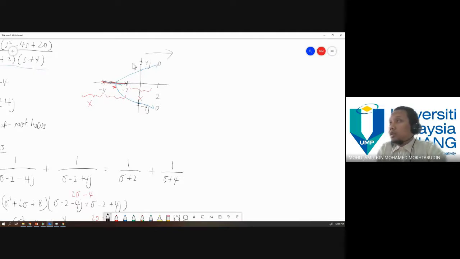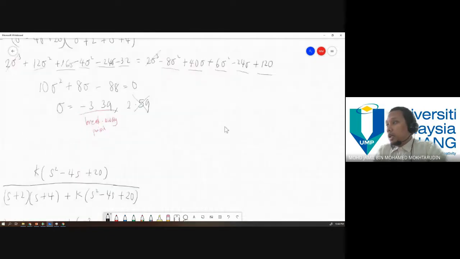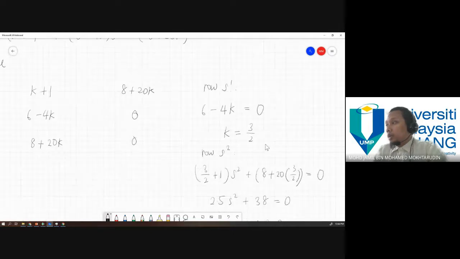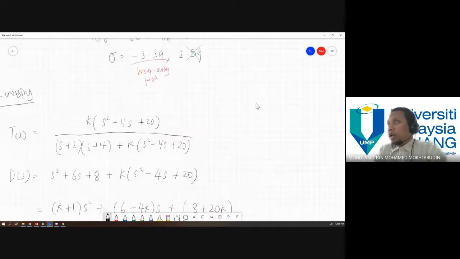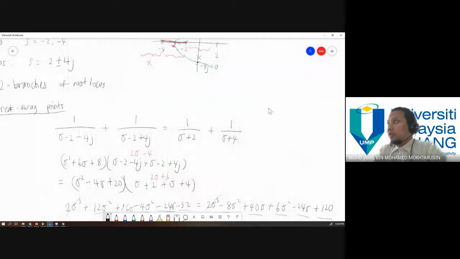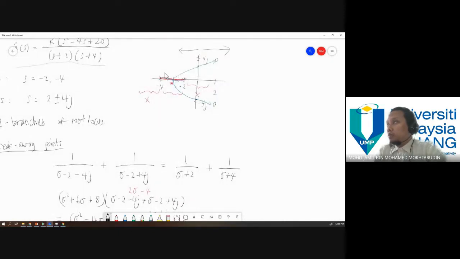So the system will be stable when K has value less than the value at the crossing, which is given at K equals 3 over 2. But what is the lower limit?